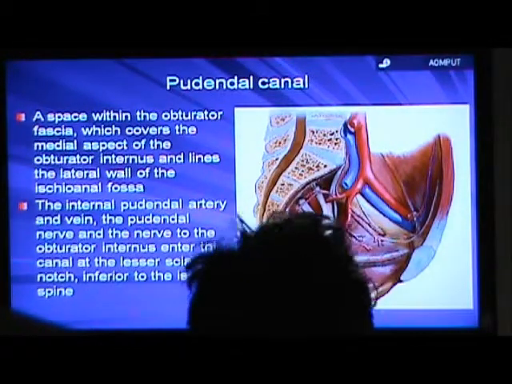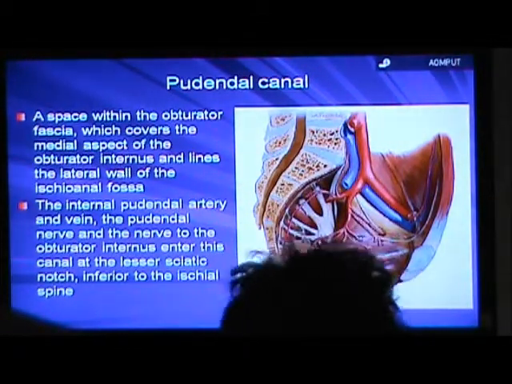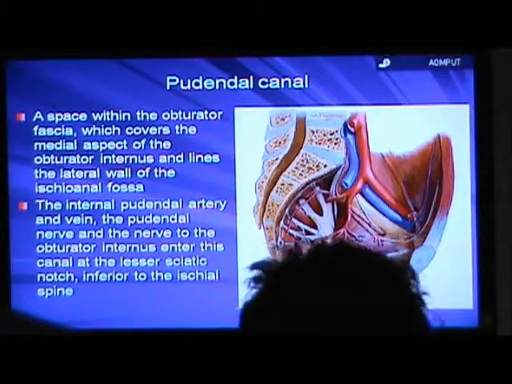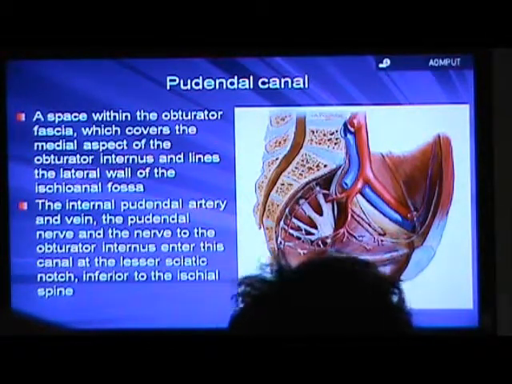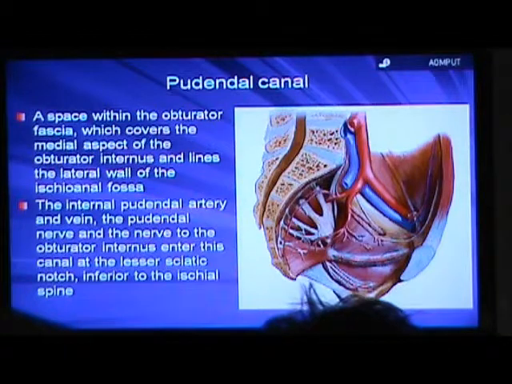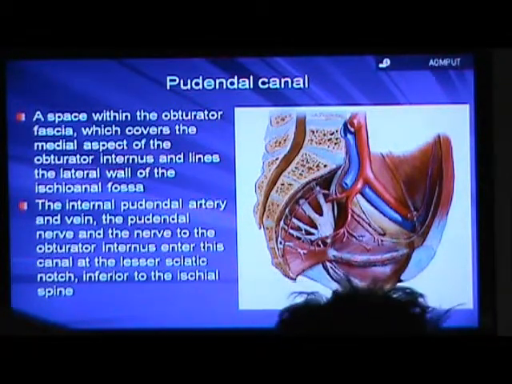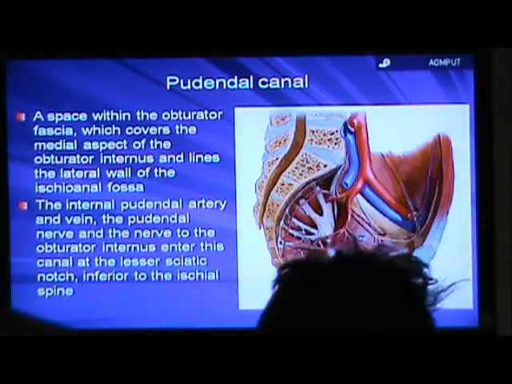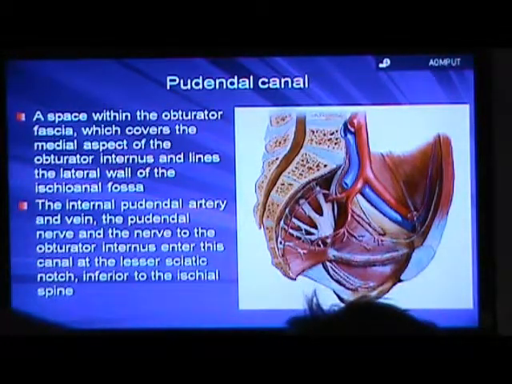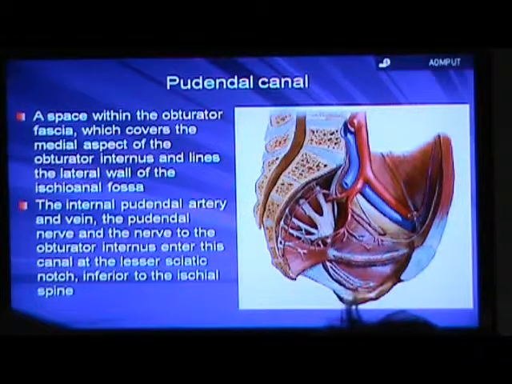So here is located the pudendal canal on the lateral wall of this ischioanal, ischiorectal fossa. It's a space within the obturator fascia which covers the medial aspect of the obturator internus and lines the lateral wall of the fossa.